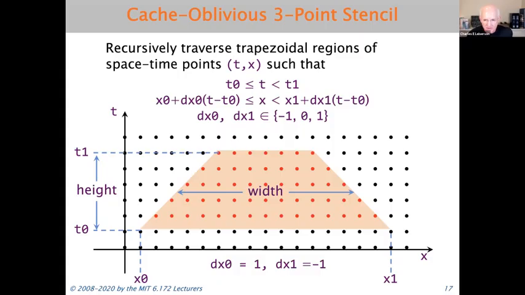Actually, those are inverse slopes. A vertical line has slope infinity, not 0. But I'm going to call them slopes for convenience because it's hard to say inverse slope everywhere. What I really mean is the slope if I transposed the axes.